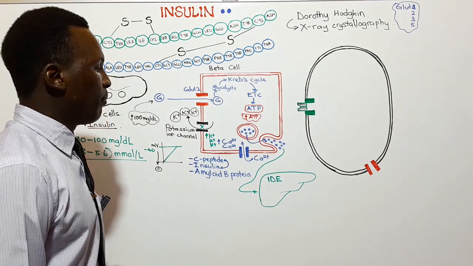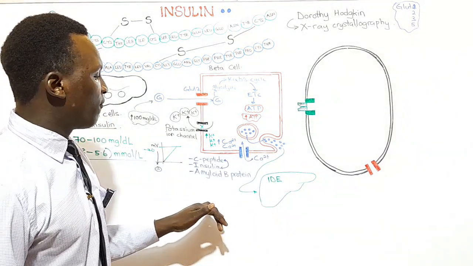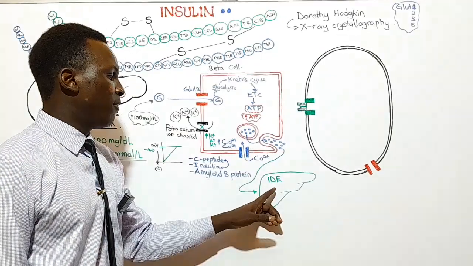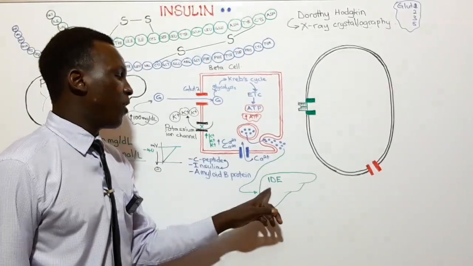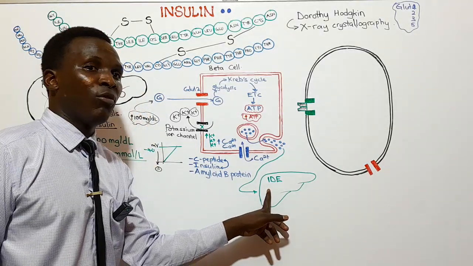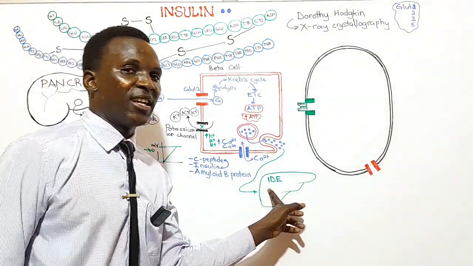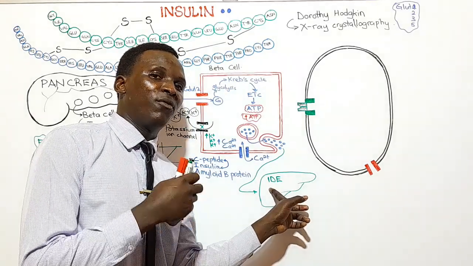Why does it happen like that? The reason is that about 50 to 60% of this insulin must first be degraded, in a way that it undergoes what they call the first pass effect. We can also look at this in some drugs. Some drugs that are taken orally undergo the first pass effect.